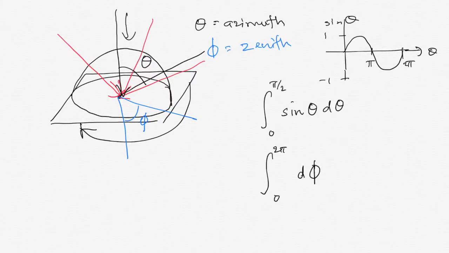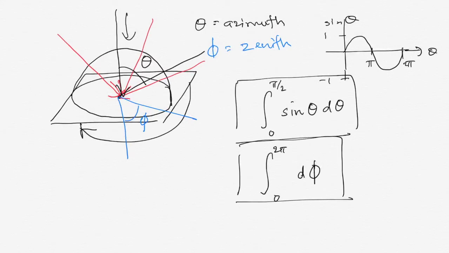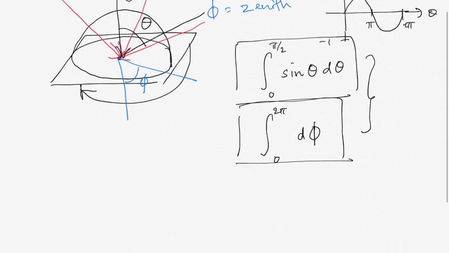So this equation relates to the amount of light that comes vertically in the sphere, and this equation is the light that comes from the sides, or the horizontal aspect of the sphere. Now we combine these two equations to sum up all of the light that comes to the point from this hemispheric source.